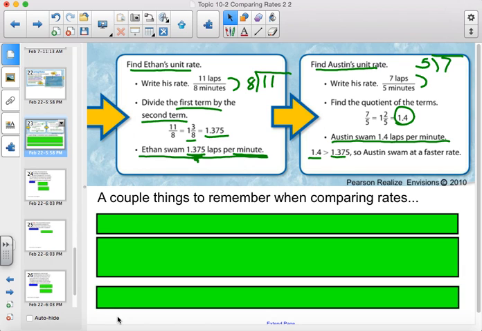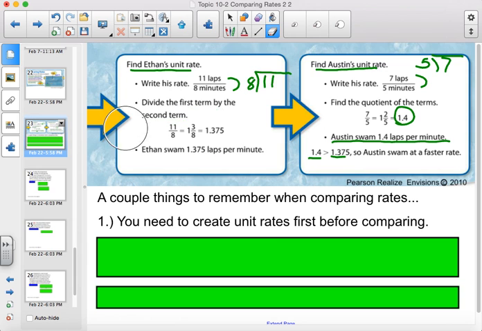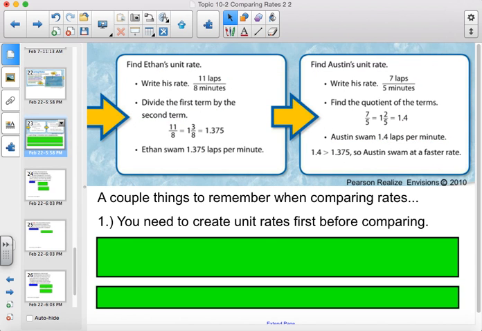So, a couple things to remember when comparing rates. First thing you want to remember, you need to create unit rates first before comparing. You need to create a unit rate first. And that's what they did up in the example.